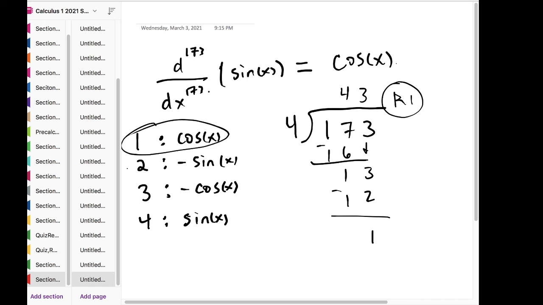And you see the idea there? So you're doing 43 loops, and then you do 1 left over. It's kind of cool, right?